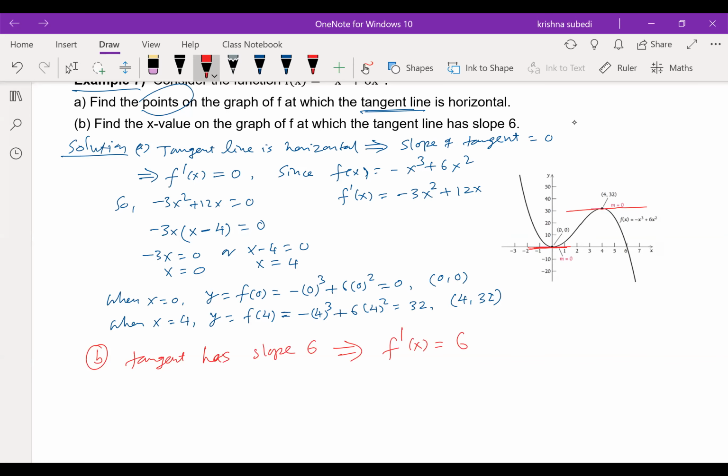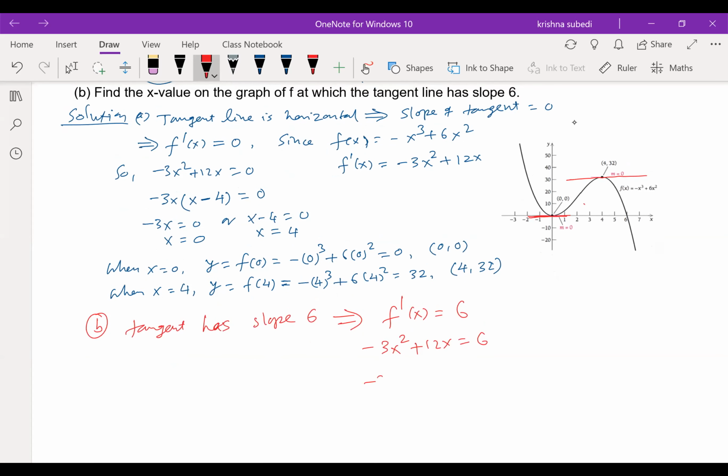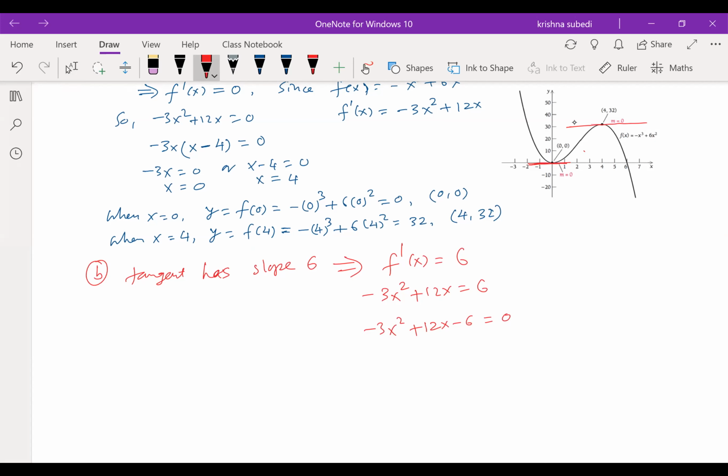All right, so the derivative, which we already calculated, is negative 3x squared plus 12x equals 6. Now this is negative 3x squared plus 12x minus 6 equals 0. And factoring out negative 3, you will get x squared minus 4x plus 2 equals 0.